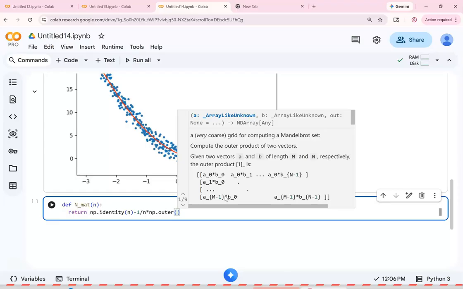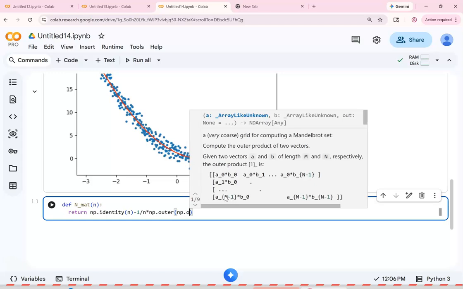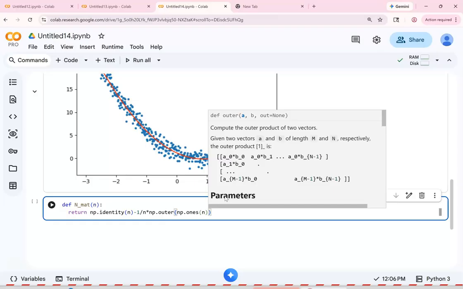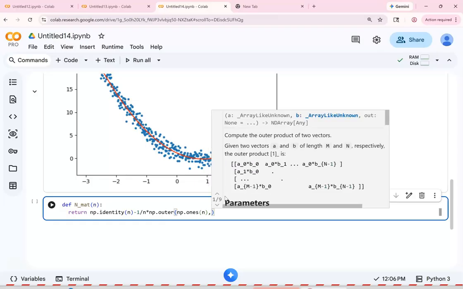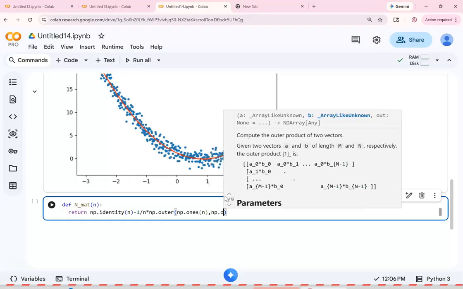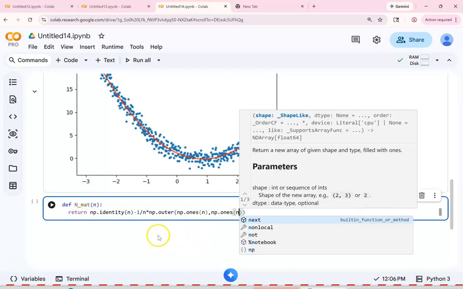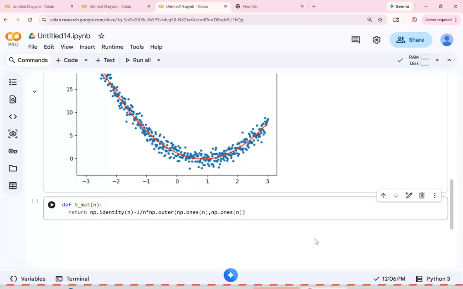I want to do the outer product of the vector of n 1s with itself. Remember, we took the vector of 1s and the vector of 1s and did the outer product. That's what np.outer will do.